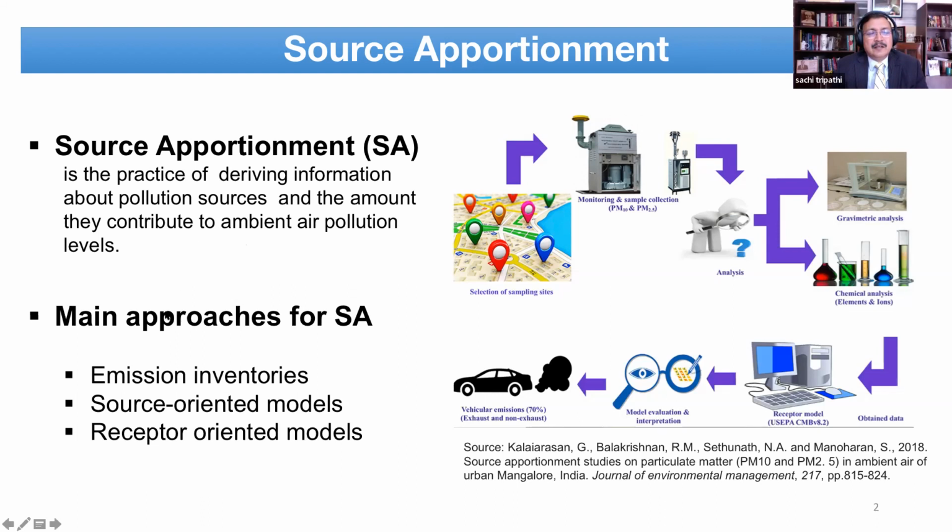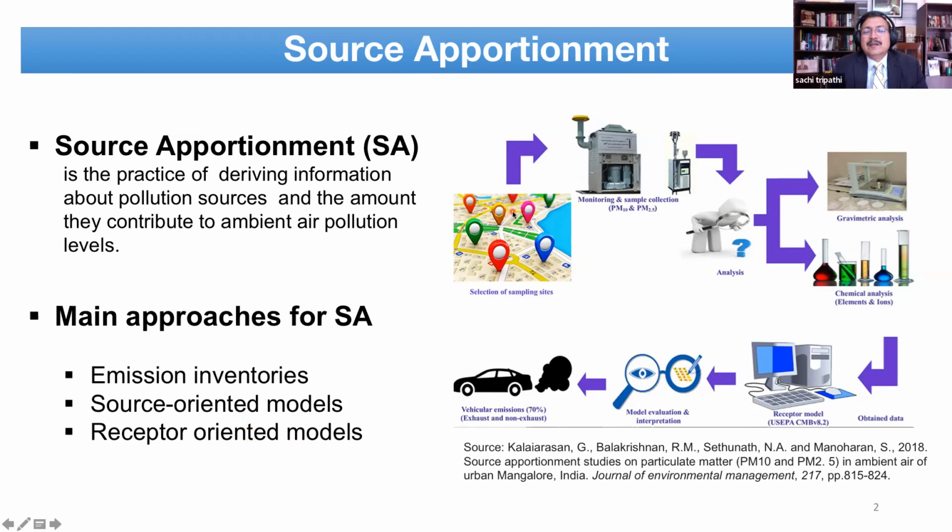And there are three broad ways by which one can do source apportionment. One is by using the emission inventories. Second is where you try to track from what is emitted from the source. And third is that we try to collect samples of gas or particulate matter at the receptor and then try to go to the sources from that.